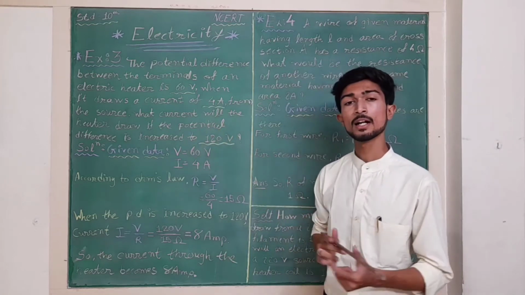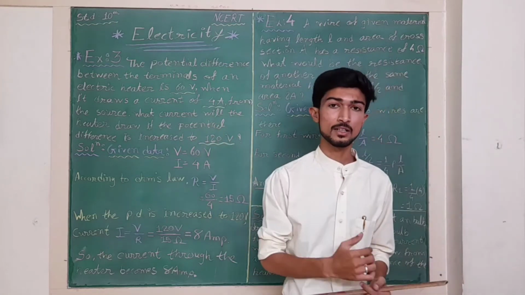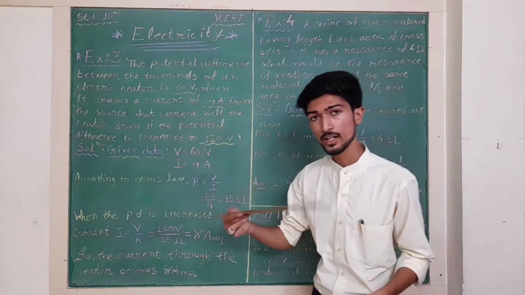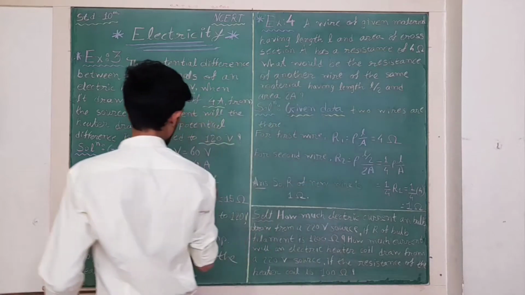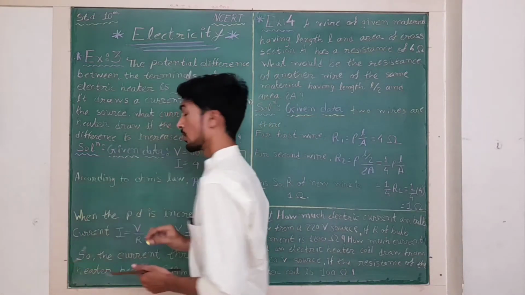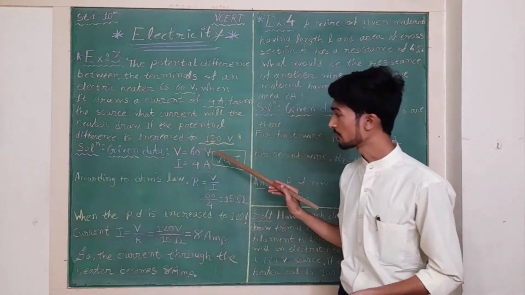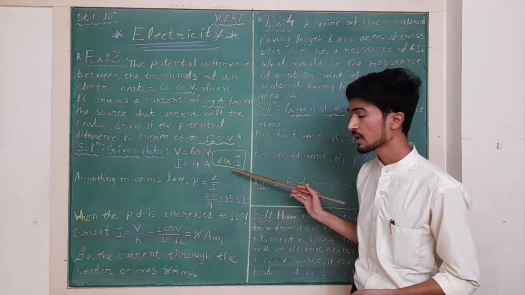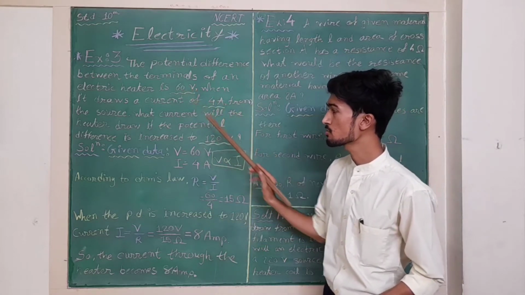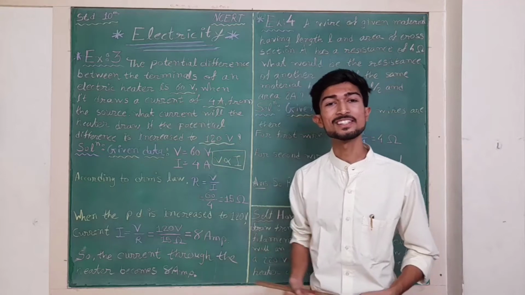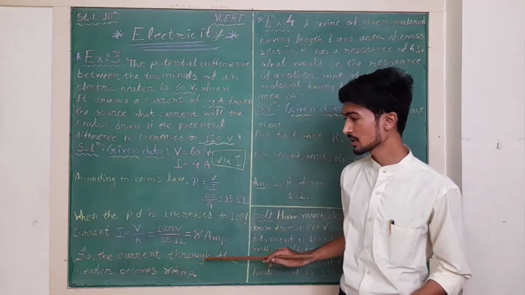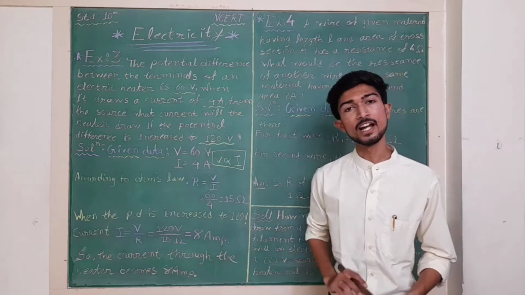I could have told the answer of this numerical without calculation. Why? See here, 60 volt to 120 volt, how much did it become? Double. And you already know that V is directly proportional to I. So if the voltage is doubling, then how much should the current be? Obviously double. It is 4 ampere. If 60 goes to 120, then 4 goes to obviously 8. This is our answer. So the current through the heater becomes 8 ampere.